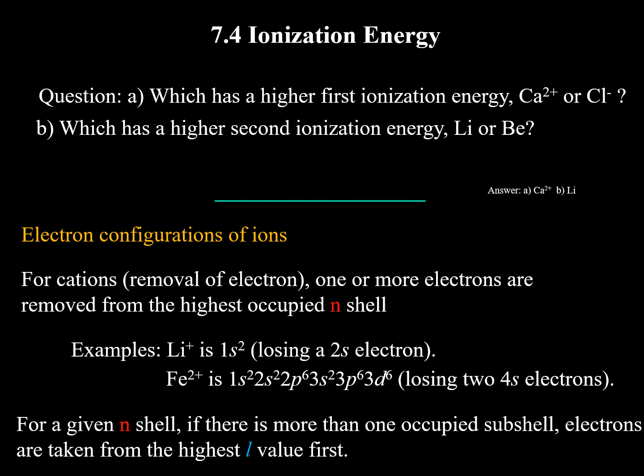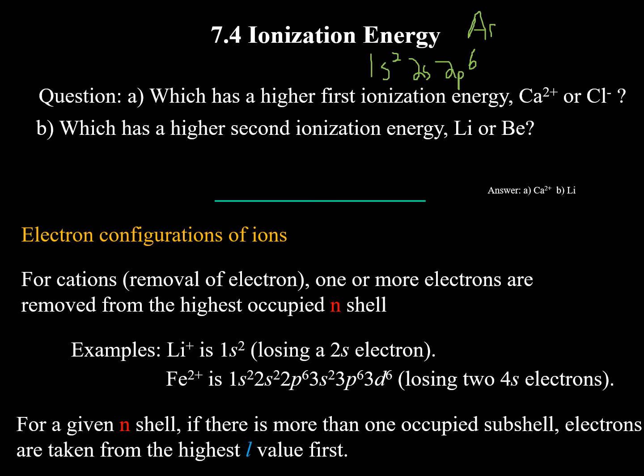So I'll give you a try. Which has a higher first ionization energy, calcium 2+ or the Cl-? These two are isoelectronic with argon, so they both have the same electron configuration as argon: 1s2, 2s2, 2p6. The major difference between these two is they have a different number of protons.